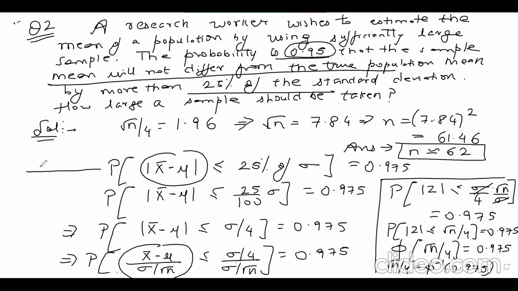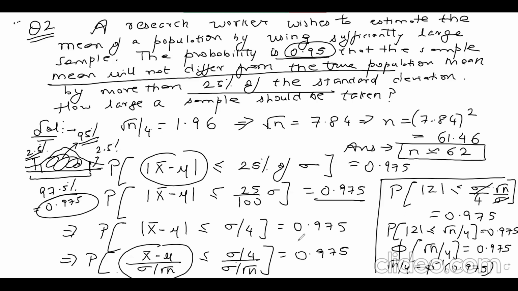Because when I draw a diagram, 5% is divided into two parts. This is 2.5% and this is also 2.5%. So this particular portion is 95%. 95% plus 2.5% is 97.5%, which I can write as 0.975.